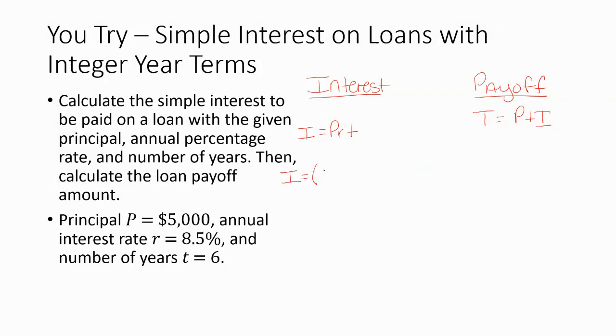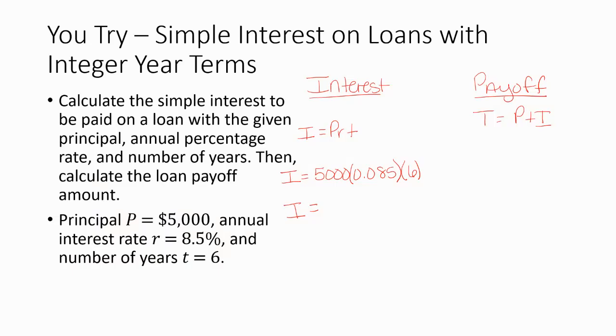So interest is equal to the principal, which is $5,000, times our interest rate as a decimal, which is 0.085, times the number of years, which is 6. So we have our numbers. Let's go get our calculator.